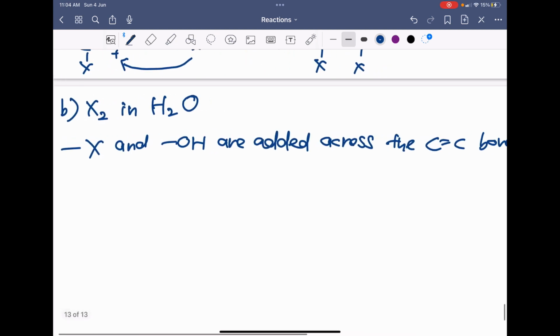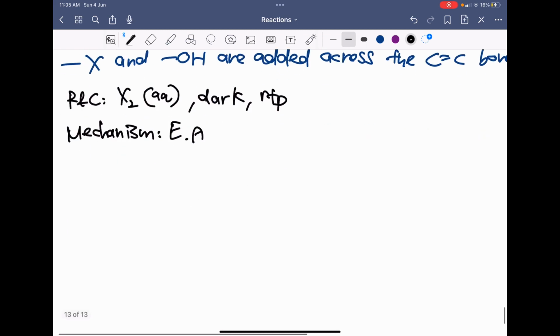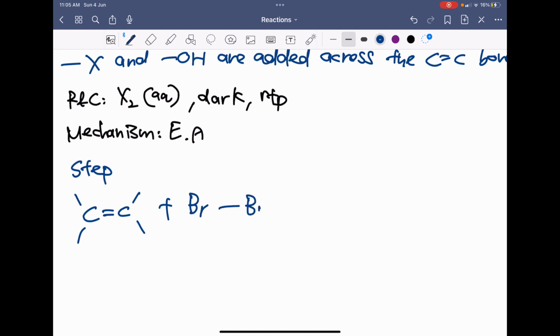Reagent and conditions: dark. Mechanism: same as everything else, electrophilic addition. Now we look at the first step. You add this electrophile, and we don't look at bromine, we just look at X in general. So X, partial positive, partial negative.